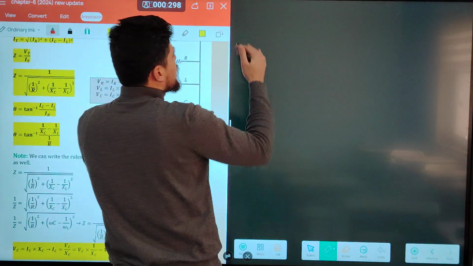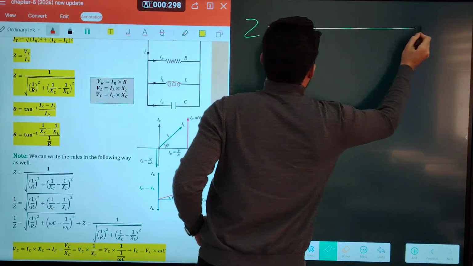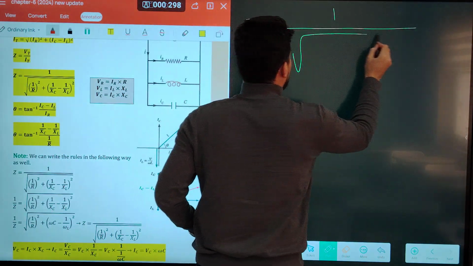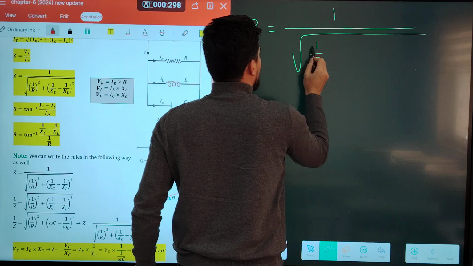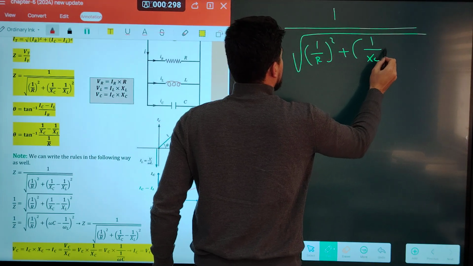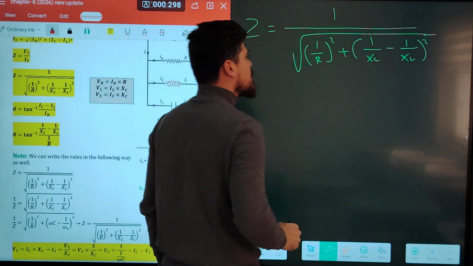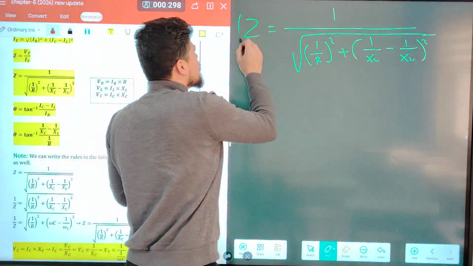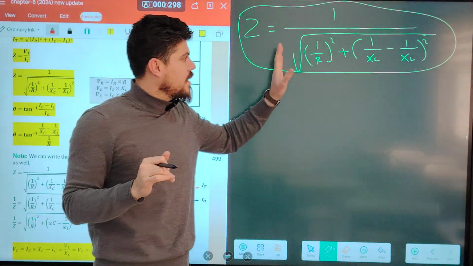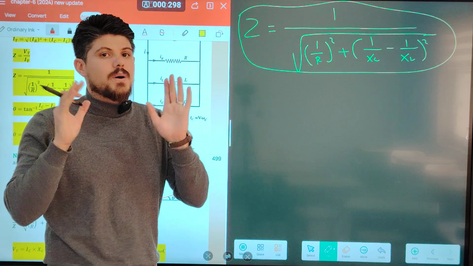If we flip 1 over Z, it becomes Z. And if we flip the other side, it's going to be 1 over the radical of 1 over R squared plus (1 over XC minus 1 over XL) squared. This equation can be used to determine what? The total impedance. Okay? This is the equation of total impedance in parallel connection. In what? In parallel connection.